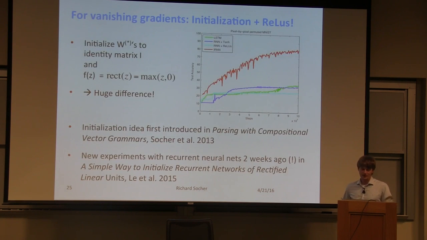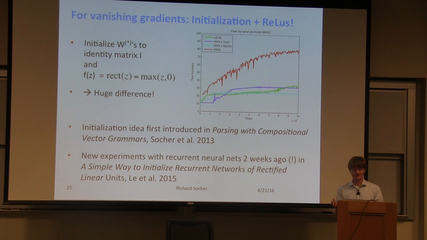All right, now there's another trick for dealing with vanishing gradient problems, and it works for some cases, but it's not the final answer that everybody will use. But there are two important tricks.